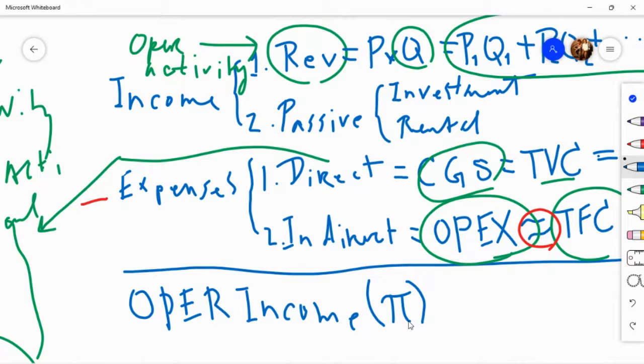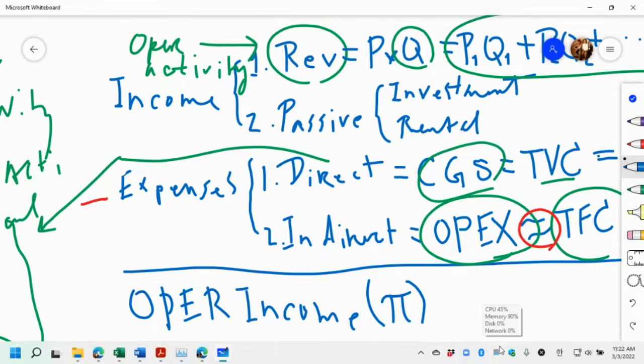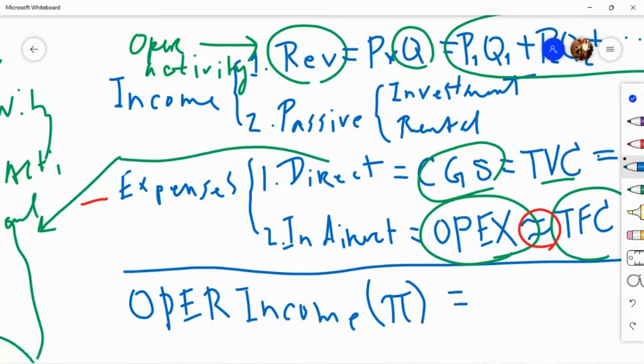Okay, so operating income or operating profit. That means this is not net profit just yet. And operating profit is also called, another name is EBIT. Okay, EBIT.